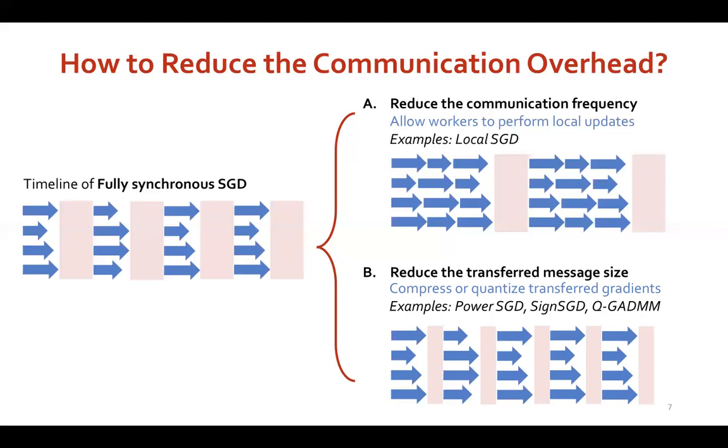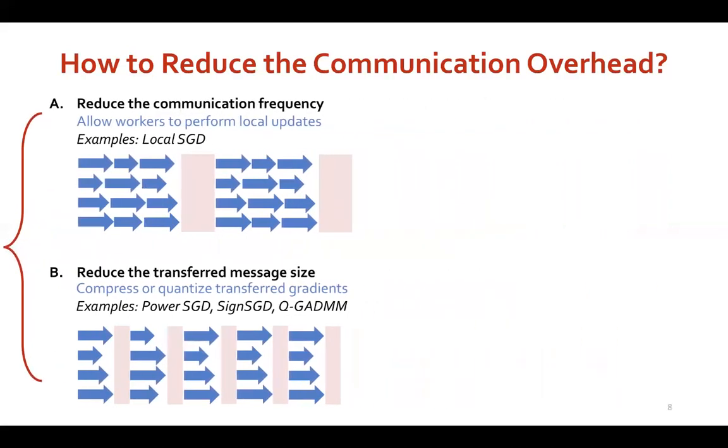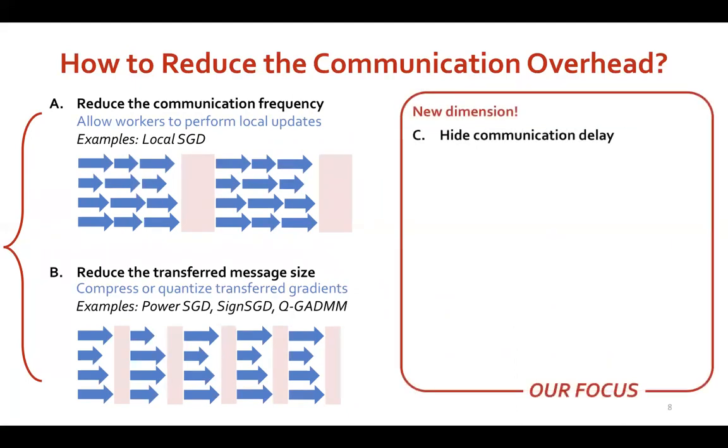However, in this work, we are going to explore a third and relatively unexplored way to reduce communication delay. And that is that we take local SGD as a baseline and come up with ways to hide the communication delay. What do I mean by hide here?